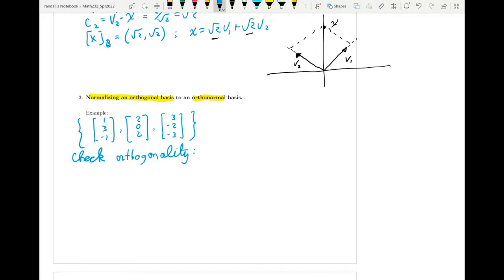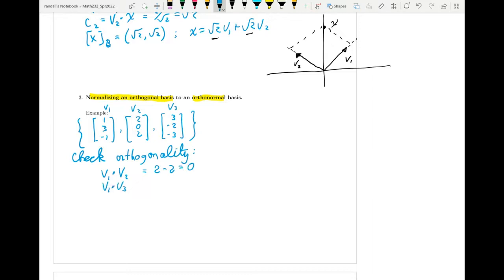Okay, so let me call this V1, V2, and V3. So I have to take the pairwise dot products. So V1 dot V2, let's see what that is. That's going to be 2 minus 2 is 0. So far so good.